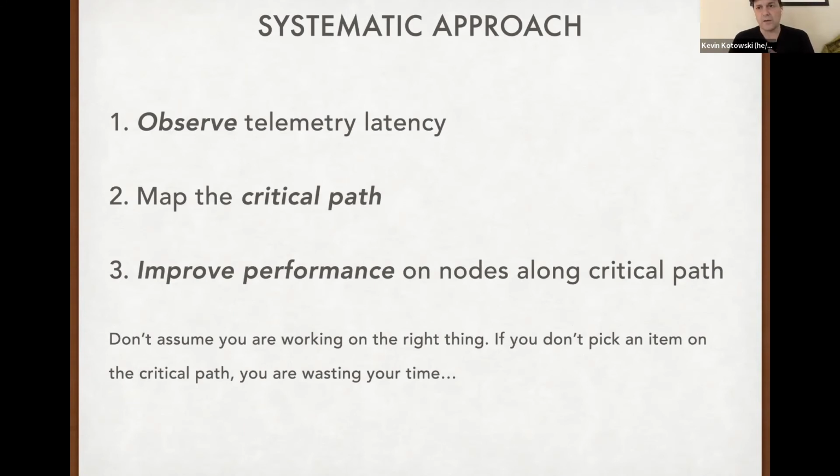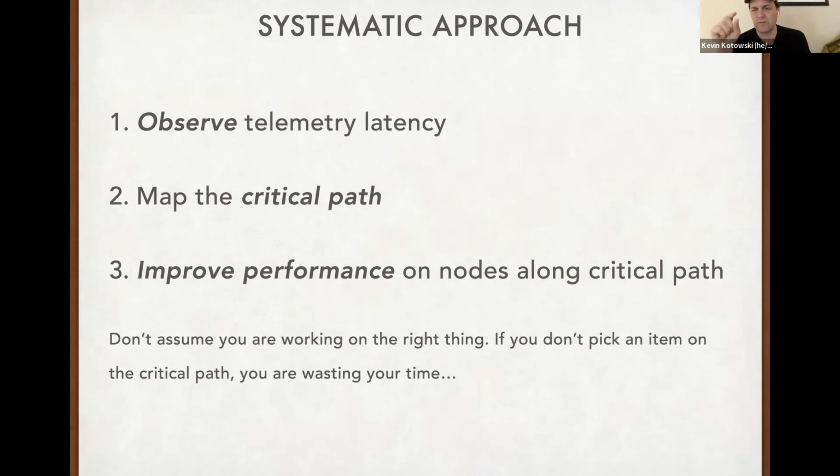And then I'm probably going to rapidly talk through the different ways to improve performance. This talk isn't so much about that, but I do want to talk about what are the things that you can do in order to improve things. I really want to get this point across: don't just assume that you're working on the right thing.